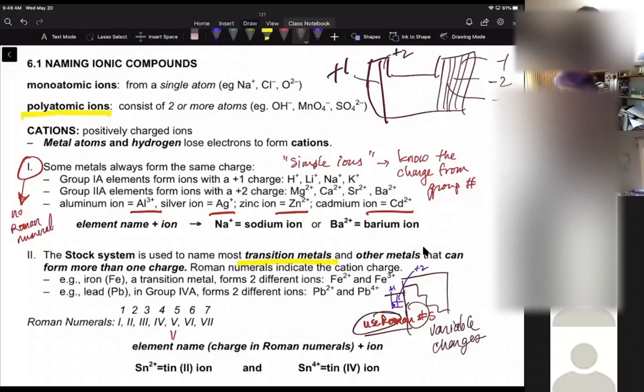It gets a little bit trickier. But these ones here, aluminum is always a +3. Zinc and cadmium are always a +2. And silver is always a +1. So I think of it as this little corner. Those are exceptions to the variable charge transition metals.